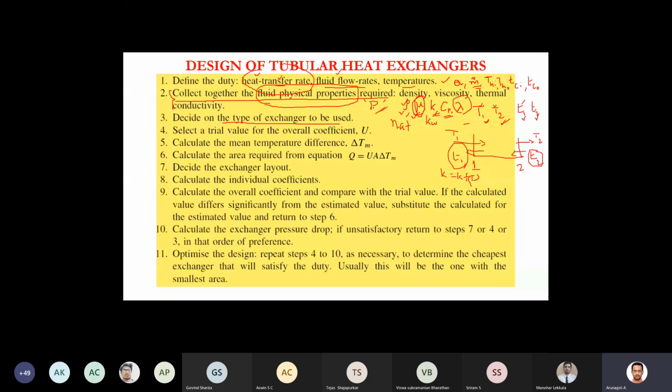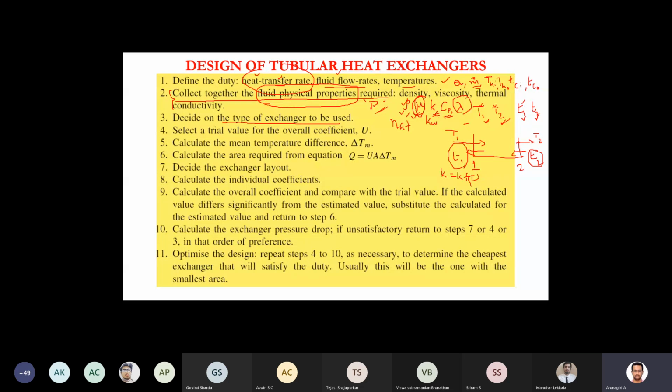What are the groups available in the fluid structure? Based on that, whenever you don't get the data for fluid properties, you can estimate them using this type of method. Many books are available for this. Reid is one of the authors, so you can refer to that book for properties.